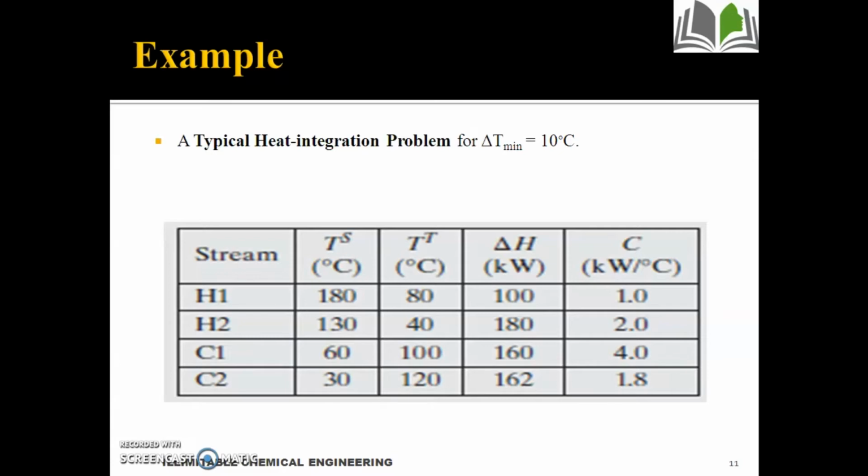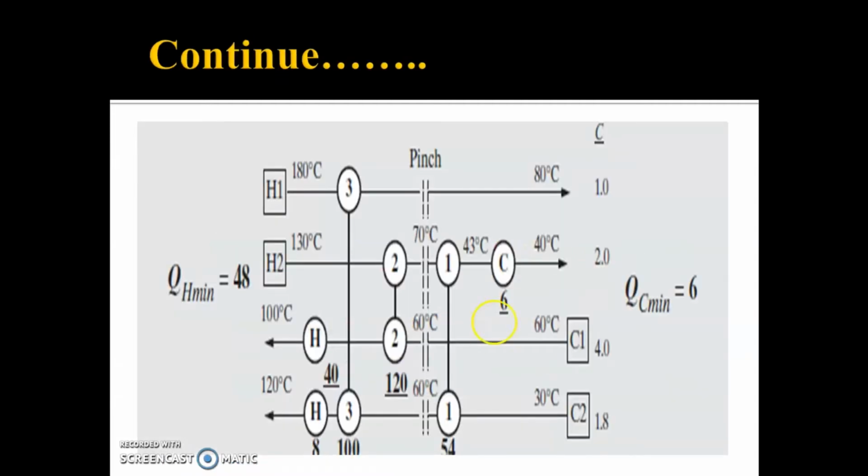We have already calculated its QH minimum and QC minimum, meaning the MER targets, which are 48 kilowatt and 6 kilowatt. How to solve for these MER targets, you can refer to lecture number 2, right? So we will see the explanation of this method by considering all these conditions.